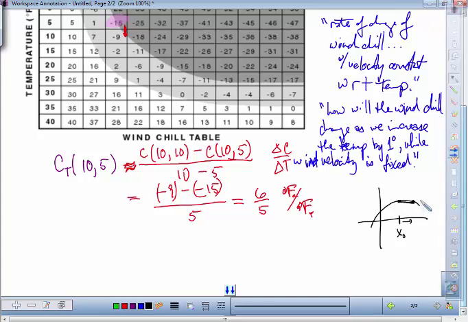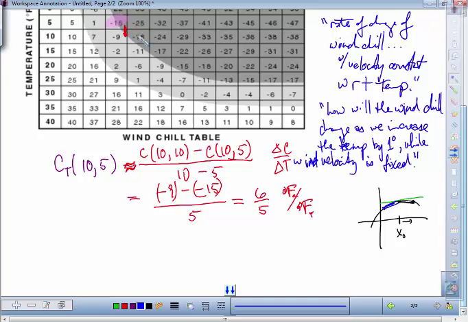So we found the slope of that secant line. But to actually find the slope of the tangent line, this would make a pretty good approximation. But what might make a better approximation is if we take a step backwards and then take the average of those two.